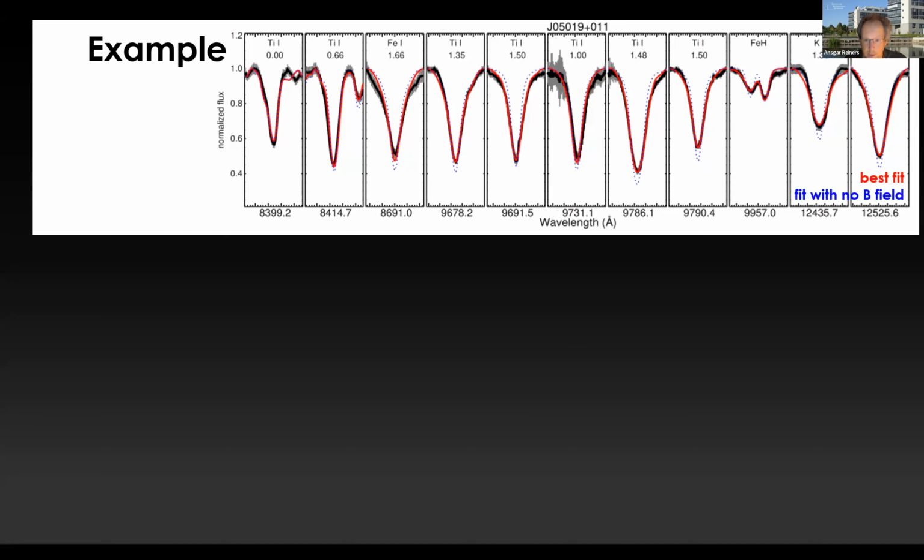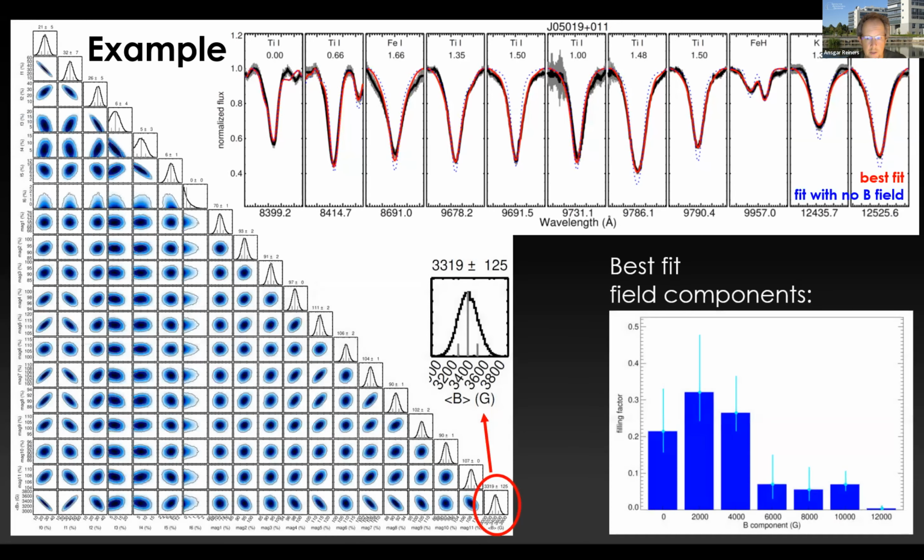A typical example, looking a bit behind the curtain, is this here. I want you first to look at the lower right-hand side. This is the distribution of field components for this particular example. We offered field components in steps of 2 kilogauss, so they need to be sufficiently different in order to make this work in the first place.